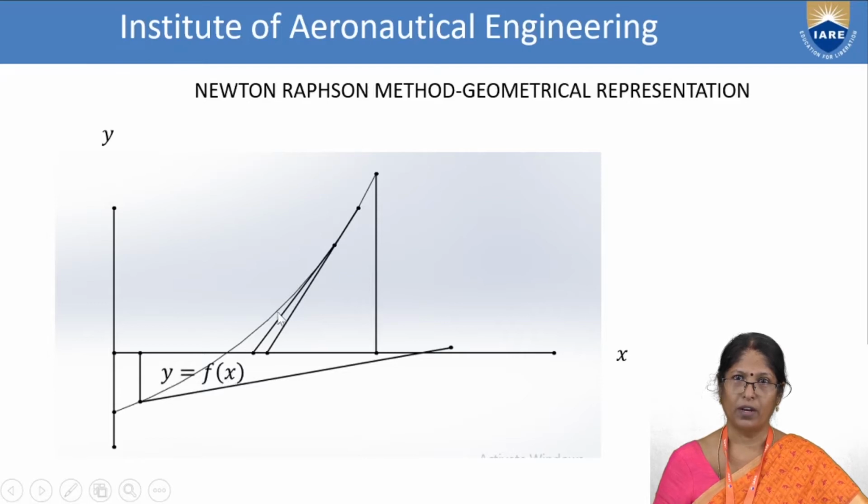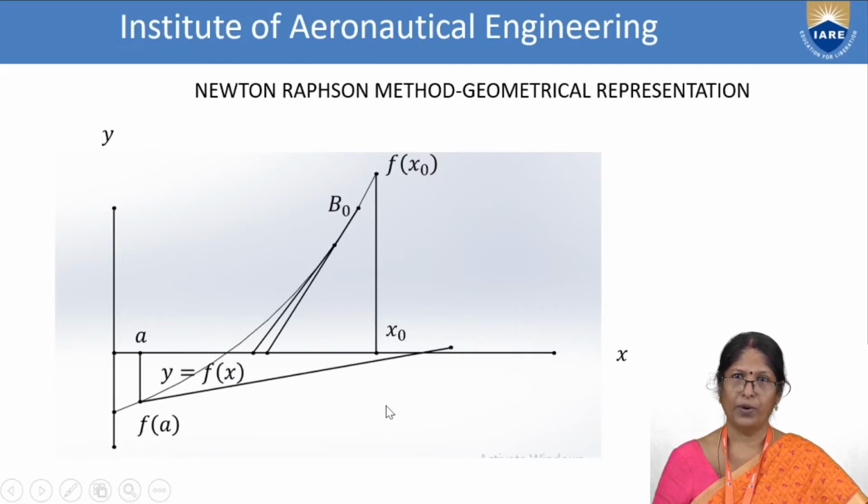This is the curve, y equal to f of x, and A is a point on the x-axis and x0 is a point on the x-axis. The coordinate A and f of A are joined by a small straight line, and x0 and f of x0 are joined by a straight line, and y equal to f of x is a curve.